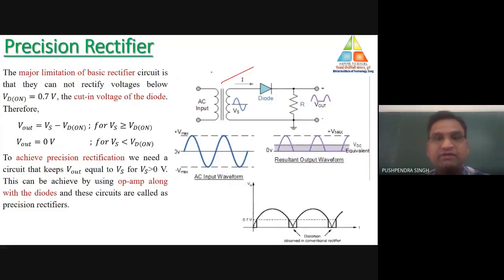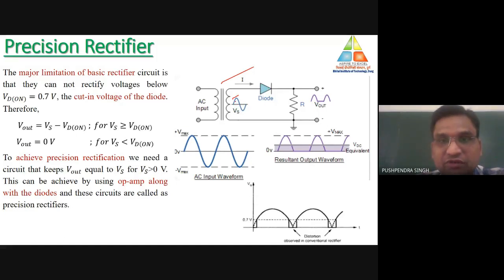A step down transformer will convert the higher value to the lower value. Let the output of the step down transformer be denoted as VS. So VS is the input signal to the diode.